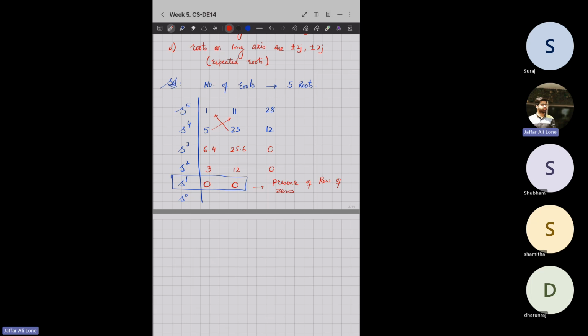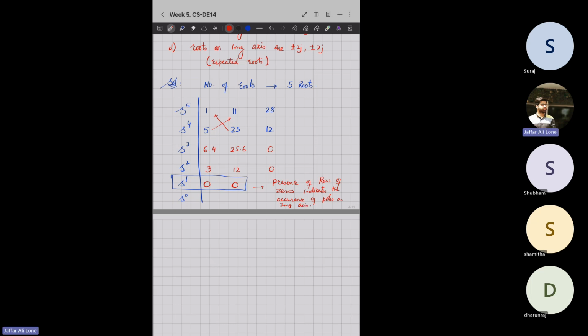But if you have the whole row as 0, then the presence of a row of zeros indicates the occurrence of poles on the imaginary axis.